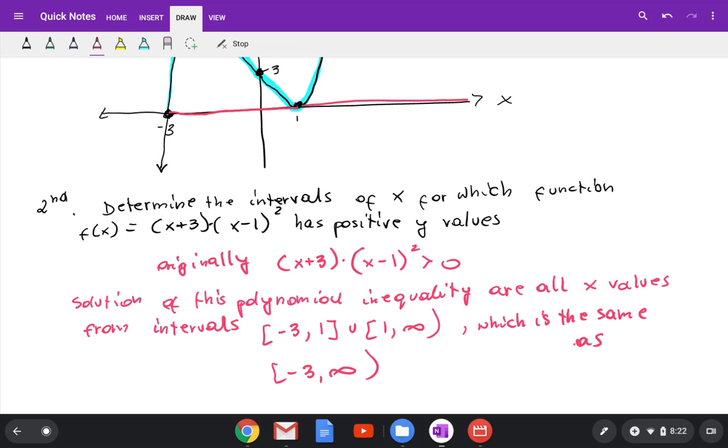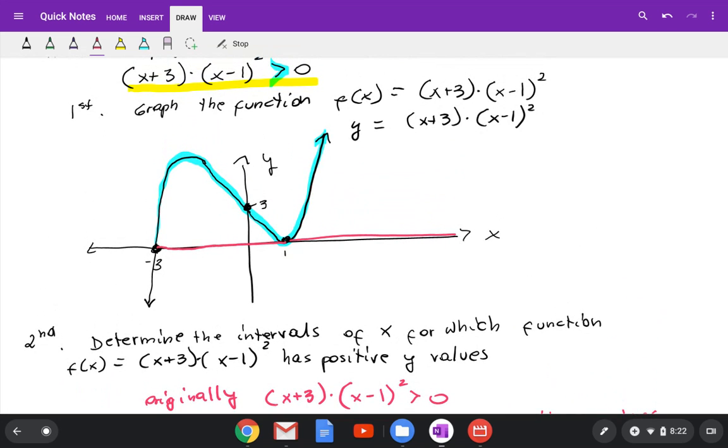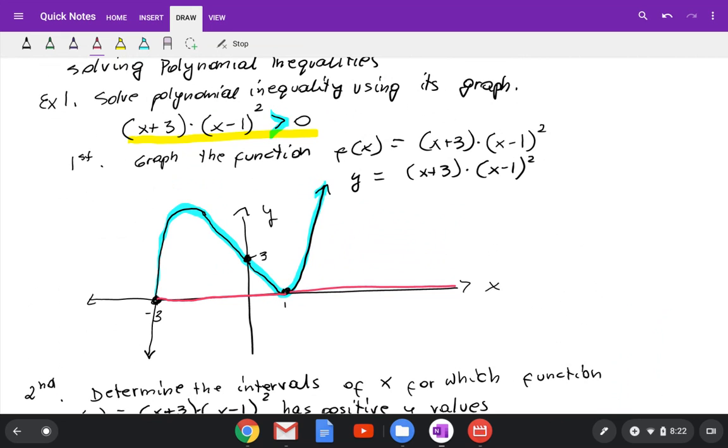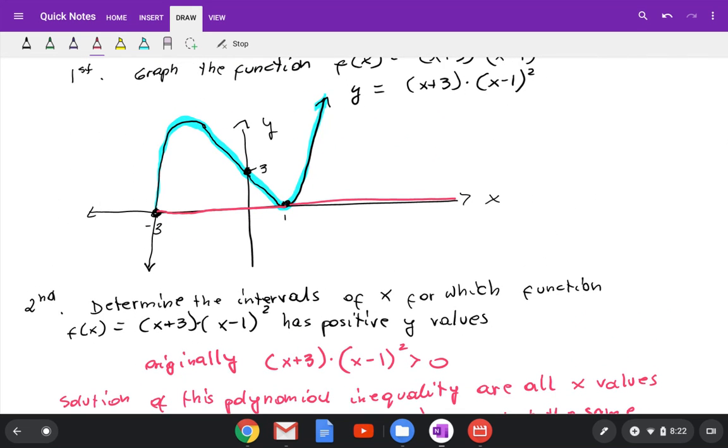Okay, so when we have a graph, it's very nice to see the solution. You just need to graph the polynomial function. And since we have greater than 0, you're looking for the graph which is above the x-axis. When you write the solution, you're using the x values because your inequality is only in terms of x. So this function has positive y values for all the x from -3, not including -3, to positive infinity.